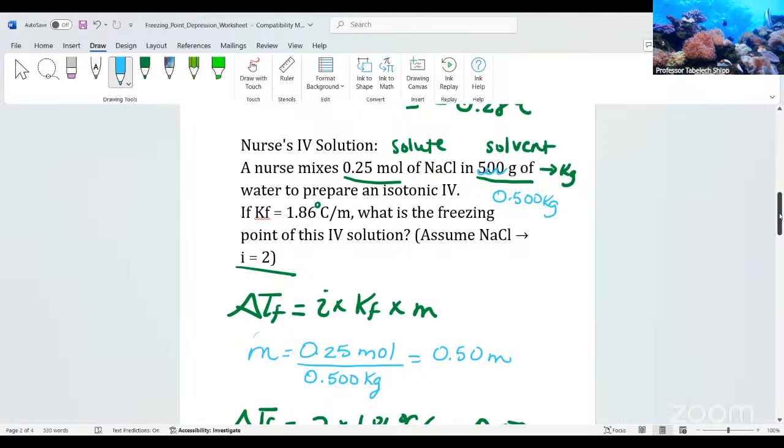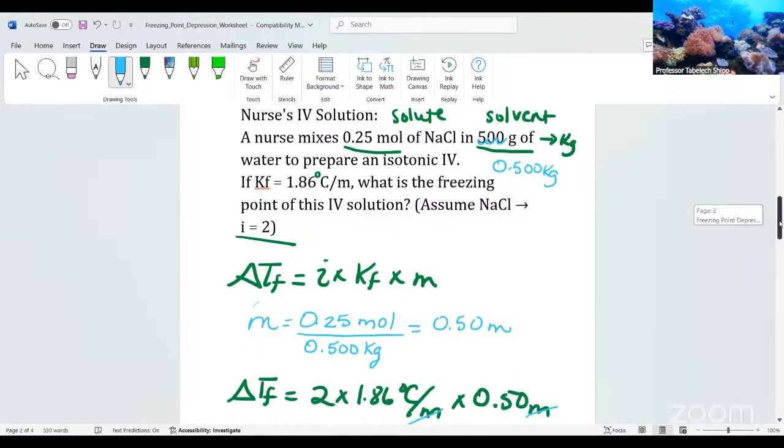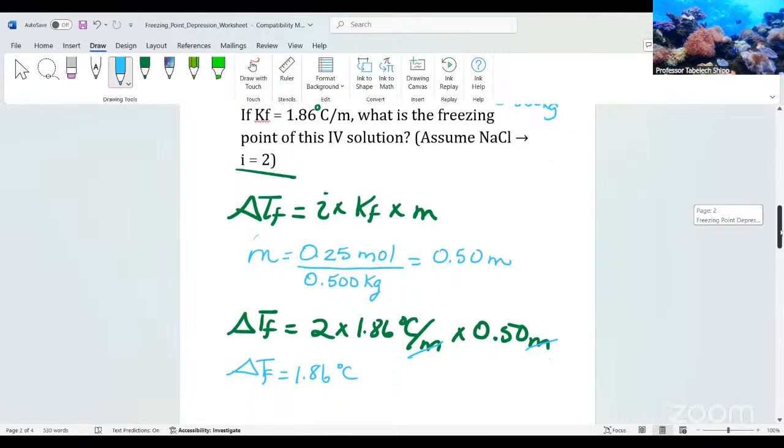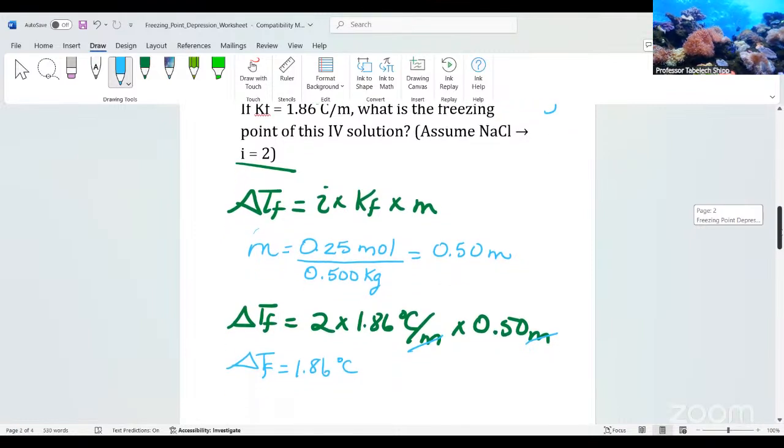However, the moles was good, but the grams was not, and we had to convert that to kilograms. Now we solve for molality, which is in blue. Now we can use the I, which is the Van't Hoff factor, times the K of F, times the molality, and that's how we ended up with our answer of 1.86.